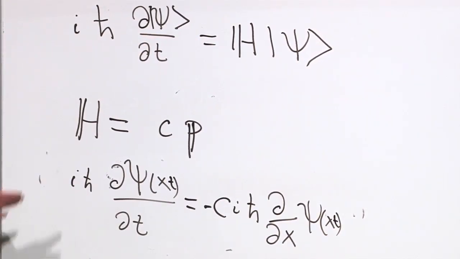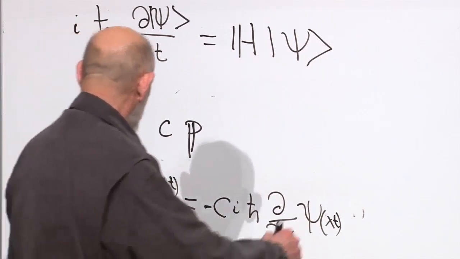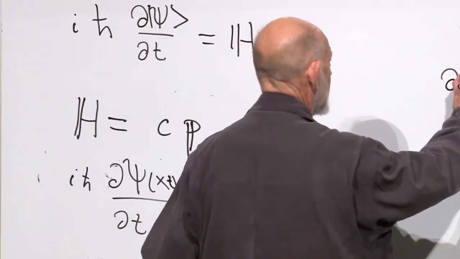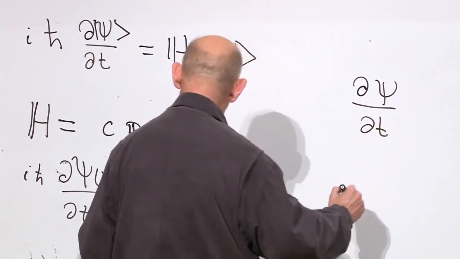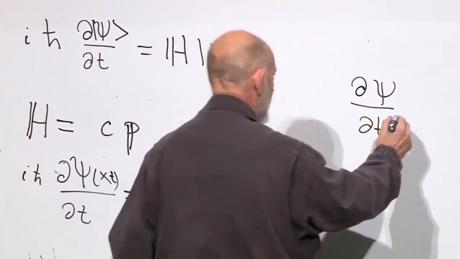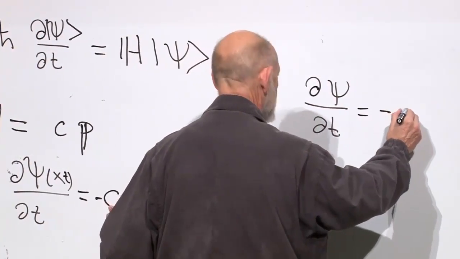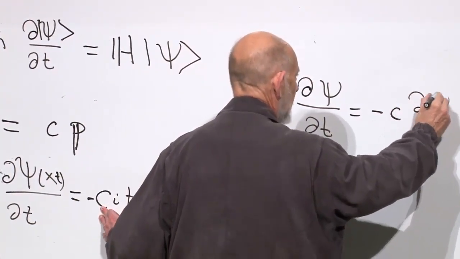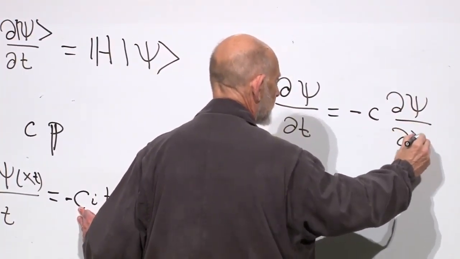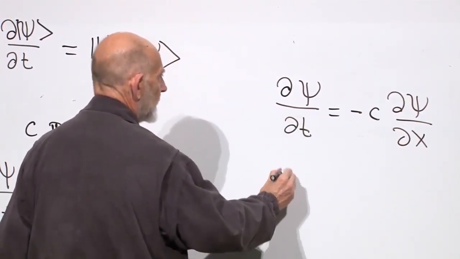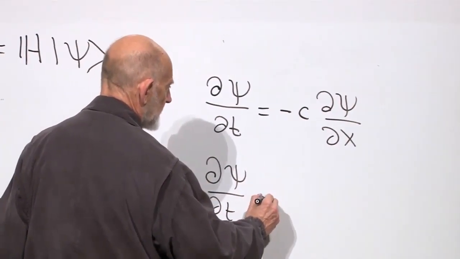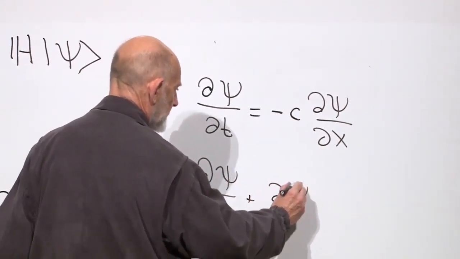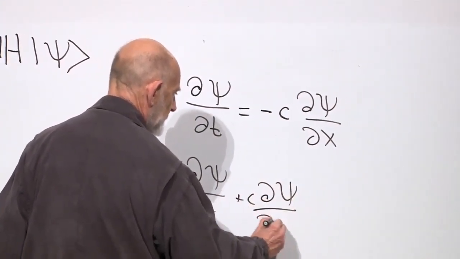Okay, let's cancel out the i h bars, and I just get d psi by dt is equal to minus c times d psi by dx, or d psi by dt plus c d psi by dx is equal to 0.